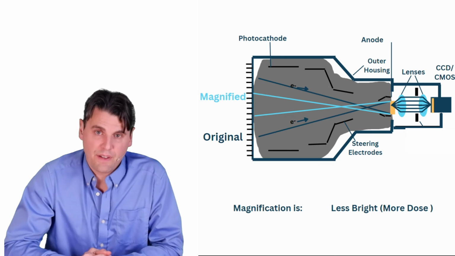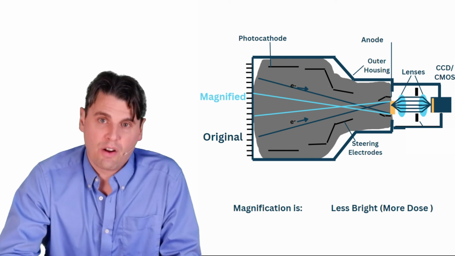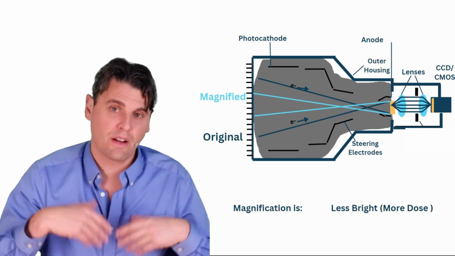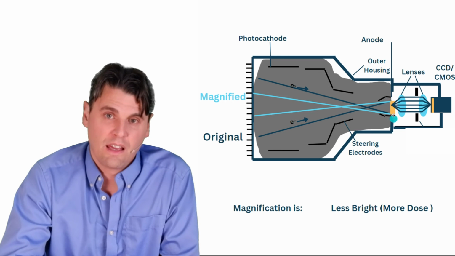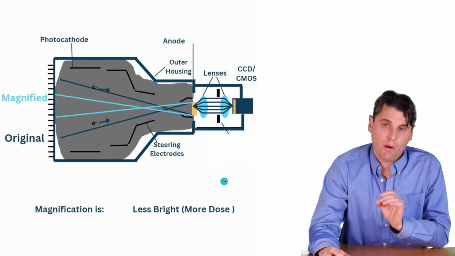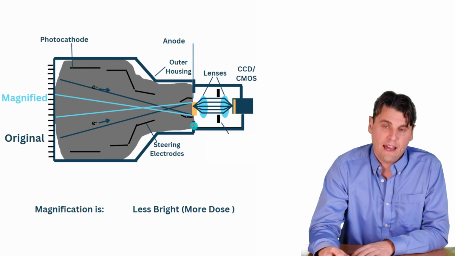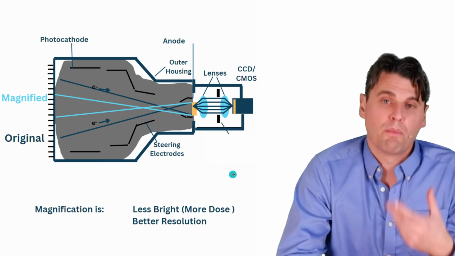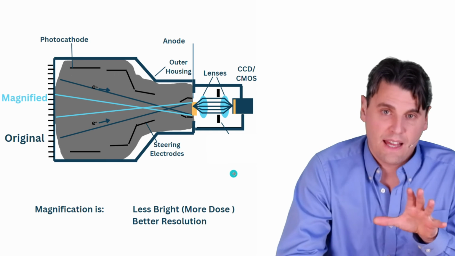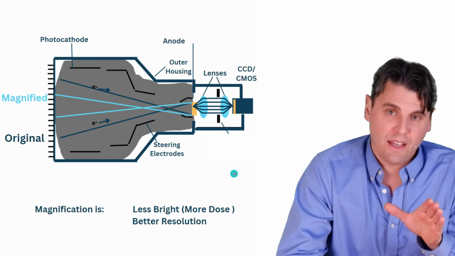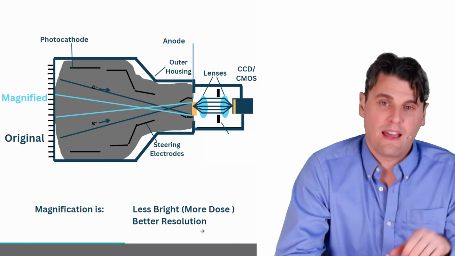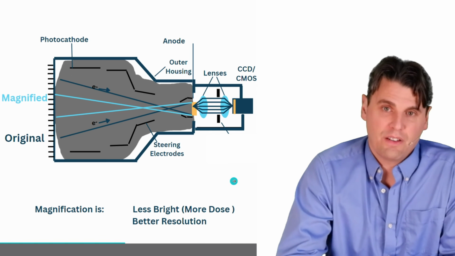Note that when you use the magnification mode, you actually are going to have a signal which is less bright because you have less total electrons coming in and actually hitting here to make the light signal. Because it's less bright, in order to get enough brightness for your sensor, you actually need to use more X-ray dose. So the advantage is a better magnification leads to better resolution, but the disadvantage is that it's at the cost of a higher radiation dose.